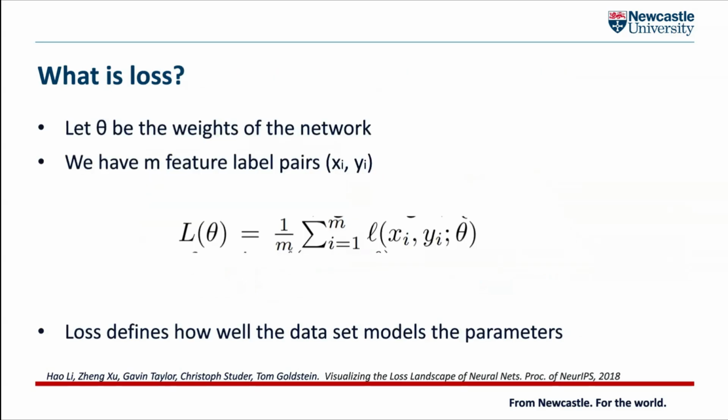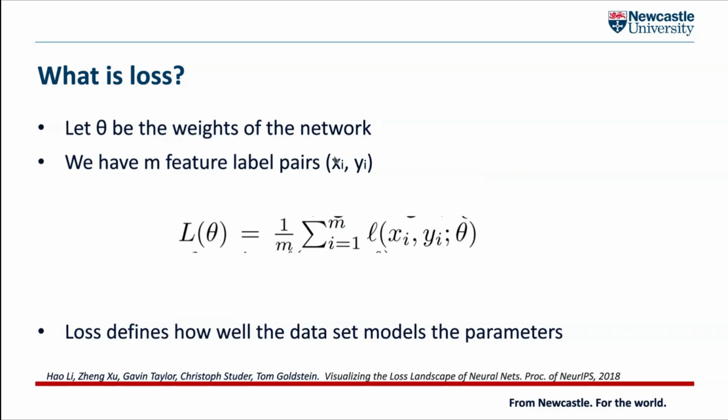So what is loss? I kind of explained it previously. I'm going to now go into it in a little bit more detail. So theta is essentially the sets of W's in your networks. It's all of the weights. Okay. And we're going to have M pairs of x_i, y_i.